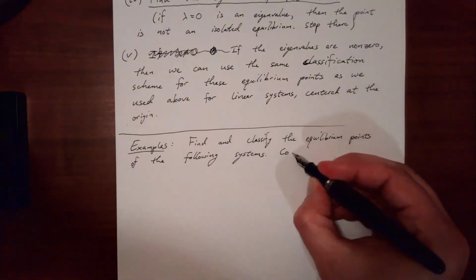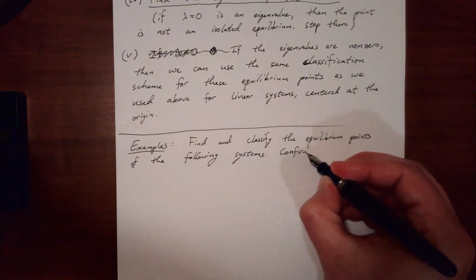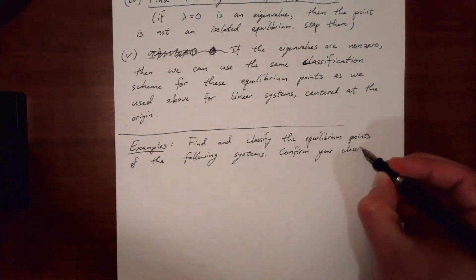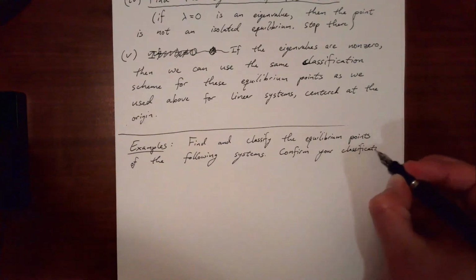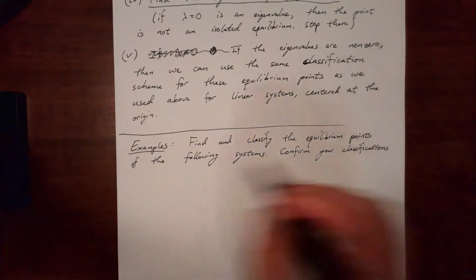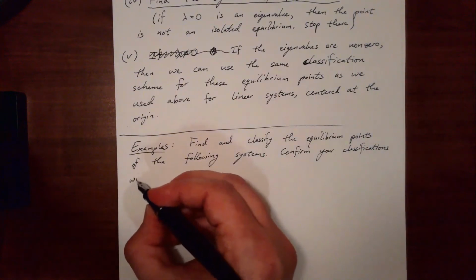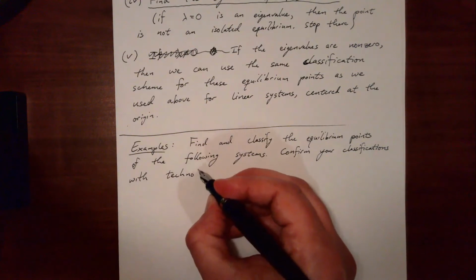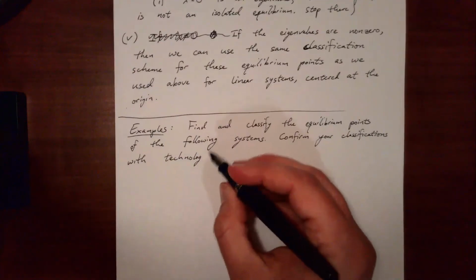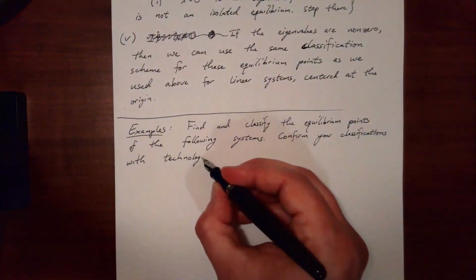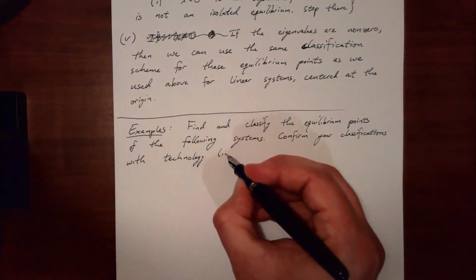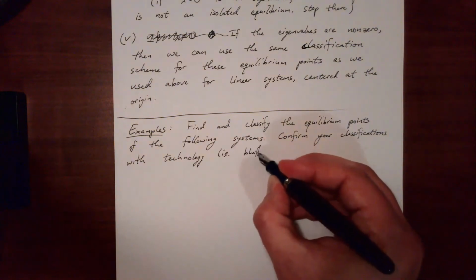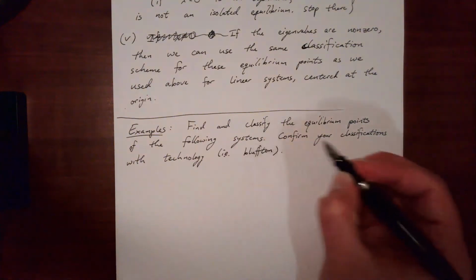Then confirm your classifications with technology. And by technology here, what I really mean is a direction field such as Bluffton.